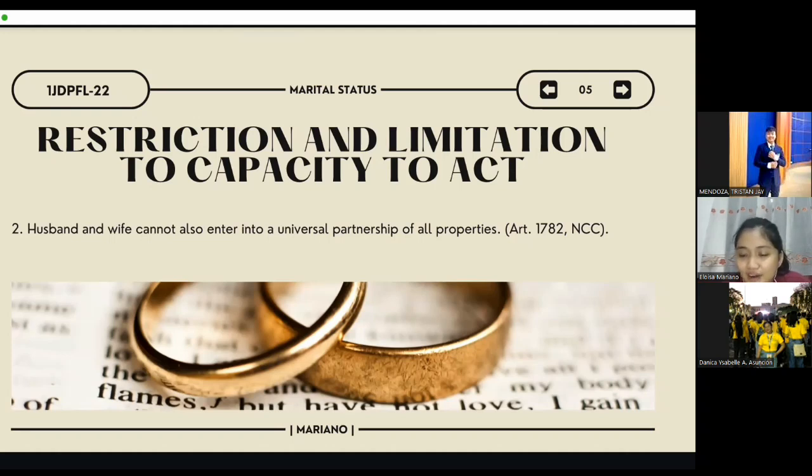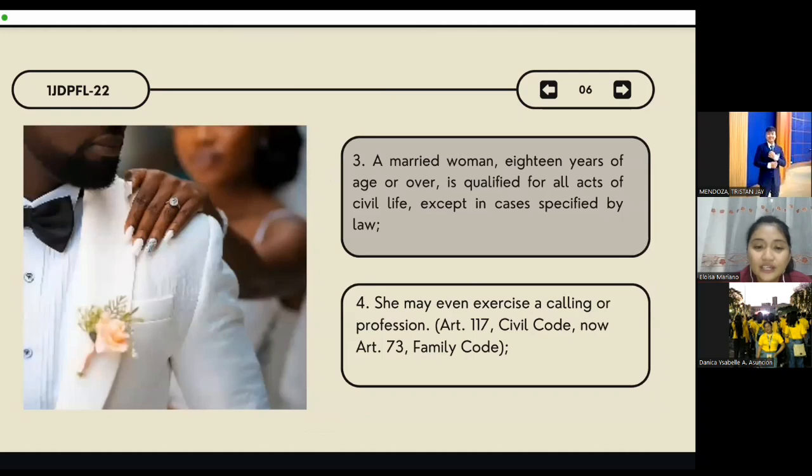Next, we have third, a married woman 18 years of age or over is qualified for all acts of civil life. This doesn't mean that a married woman is not qualified for all acts of civil life. She is still qualified. However, there are exceptions, except in cases specified by law.